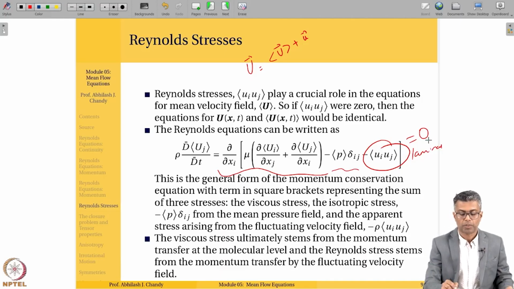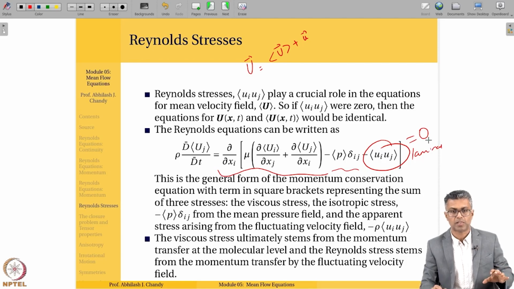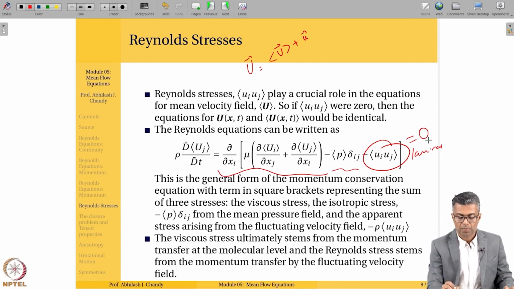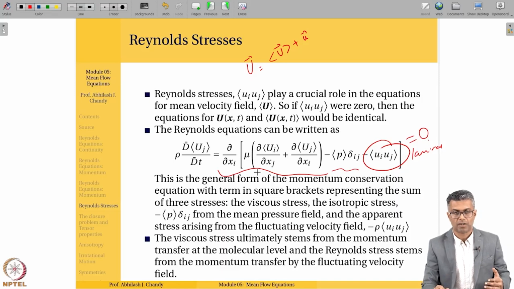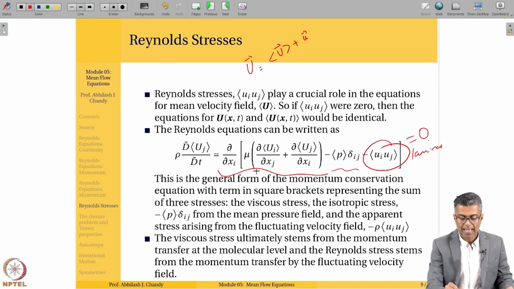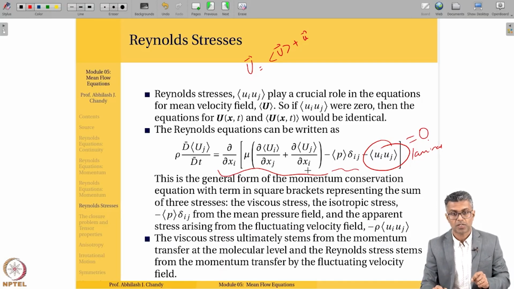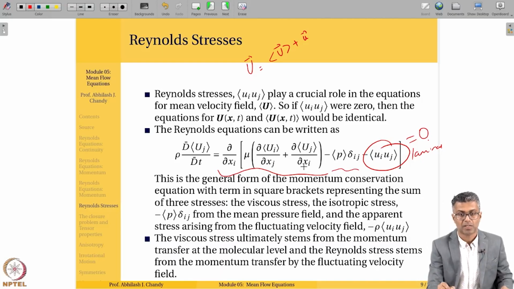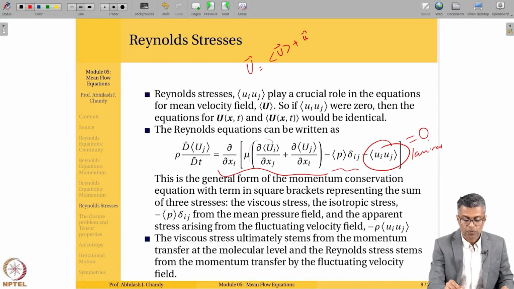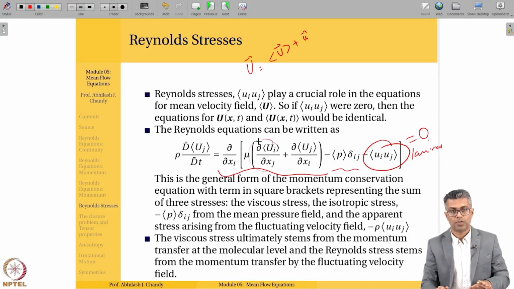Now, just one point about the viscous term, you will see that this is slightly different from how we had written it earlier. The reason being, we have now written it in terms of the strain rate, that is del ui del xj plus del uj del xi, and you will see why we do this in today's class. If you actually expand this out, the derivative of this first term will go to 0 because of continuity.